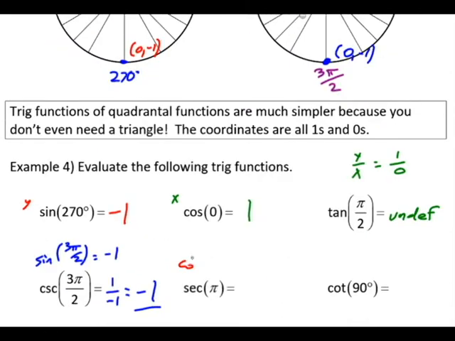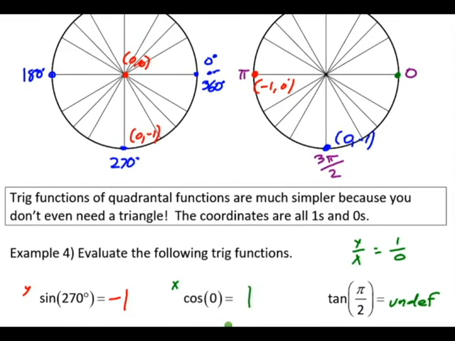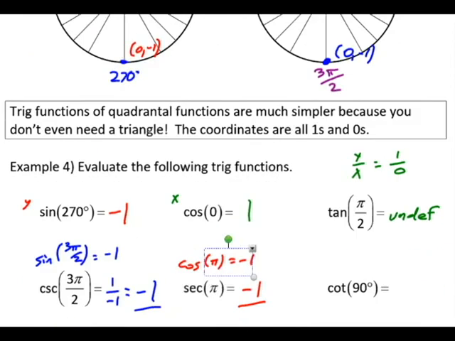The cosine of pi is the x-coordinate. So the secant of pi is just 1 over -1. It's -1 again. And then the cotangent of 90 degrees, we're looking at 0, 1. Cotangent is x over y, which is going to be 0 over 1. 0 over 1 is 0.